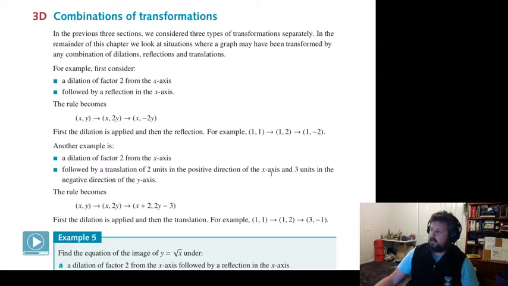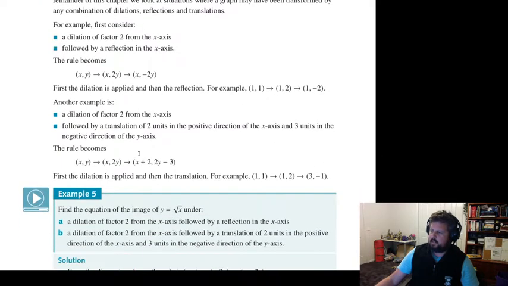But not only that, 3 units in the negative direction of the y-axis means we need to subtract 3 from that y-coordinate, which is what's happening here. And again, you can apply the same process for the coordinates 1, 1 to find out whereabouts we end up with that. Alright, worked example number 5.